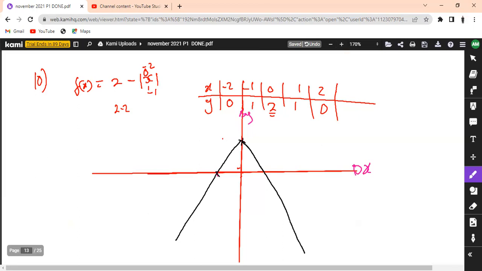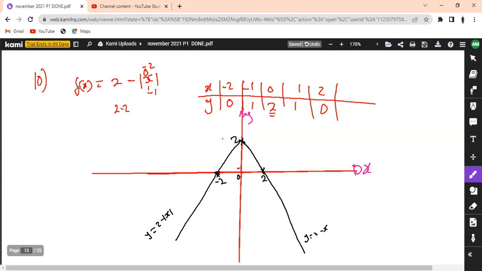So this is 2, and on the x-axis, that is at -2 here and at 2. So that's our function, and this is 0 here. So that's what you're going to have, something of that nature. So this will be 2 minus x, and this will be the modulus, |2 - x|, like that.